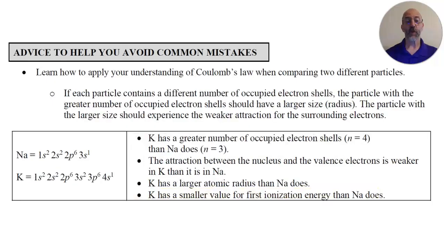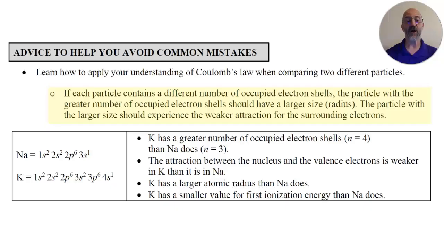Now, suppose that we're looking at two particles and there is a different number of occupied electron shells. The particle with the greater number of occupied electron shells should have a larger size or radius. The particle with the larger size should experience the weaker attraction for the surrounding electrons. So in this example, it's sodium versus potassium.